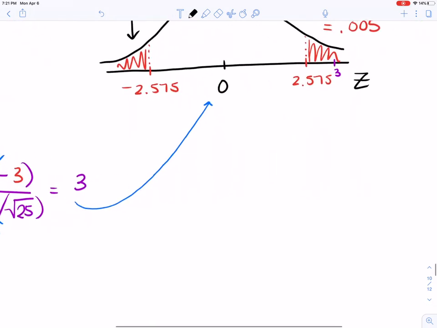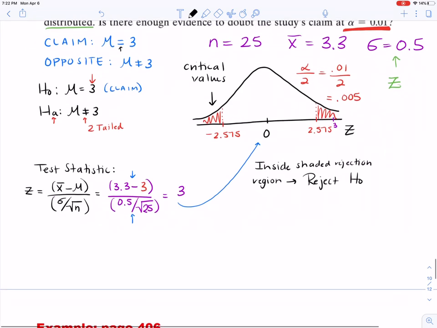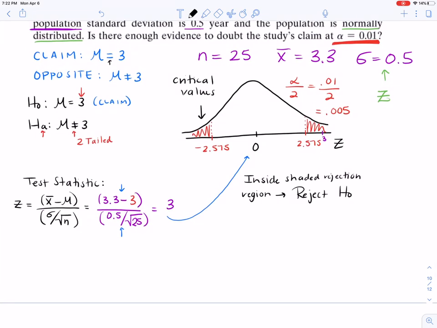So again, the way my decision rule works, if I am inside the shaded rejection region, which I am here, that tells me that I should reject the null hypothesis. And that's what we call the decision for the test. Remember, the decision is either reject the null hypothesis, or if you're in the unshaded region, then you fail to reject the null hypothesis. And so my last statement here will be to interpret that decision.